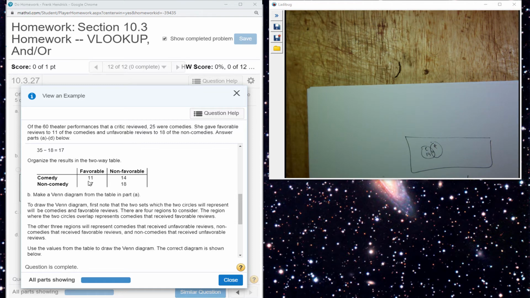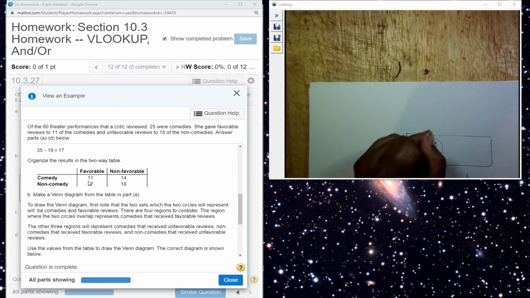So we look at the one for favorable here. We know that we have 11 here. So outside of that 11 is going to be 17. So that contains all the favorable ones there. Now, she reviewed how many overall? She reviewed 60 overall.